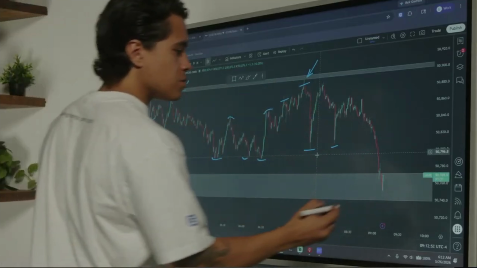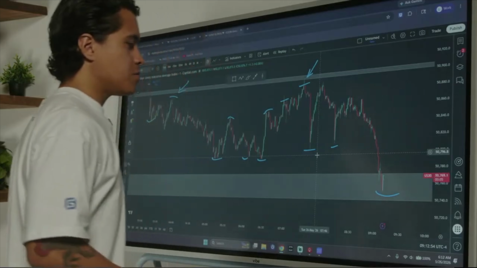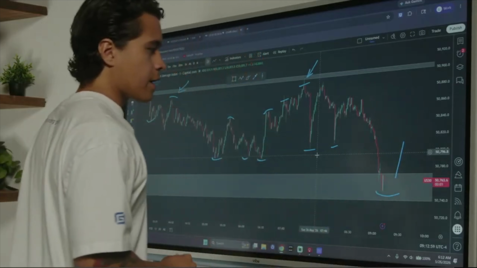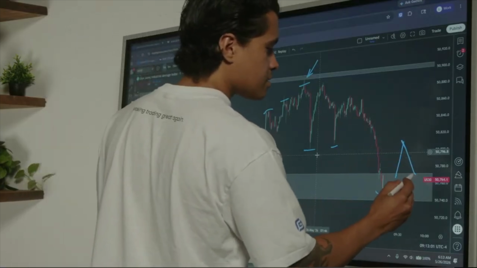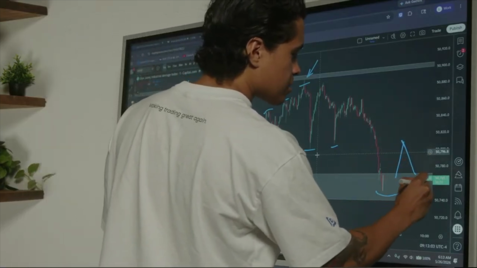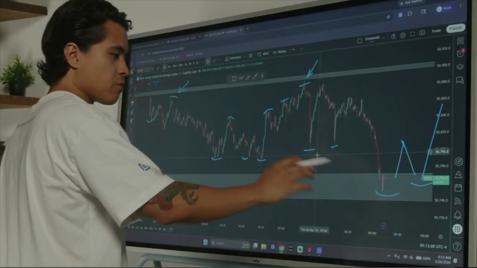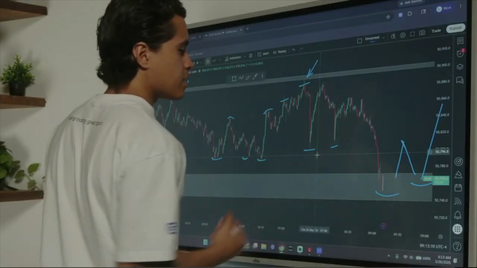That's why I would want to reject this zone, give me a pop above our area, and then give me the retest with the failure to break lower for me to take advantage of a buy. That would be on the buyer's side and what we would want to see above our key area.